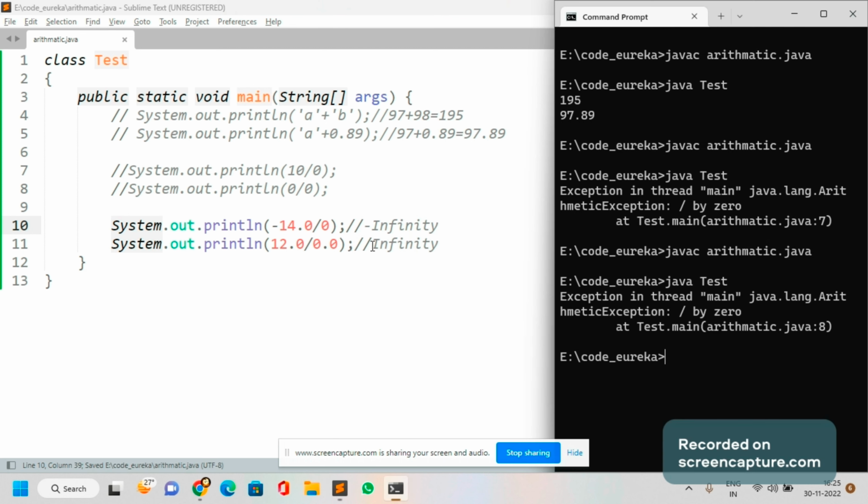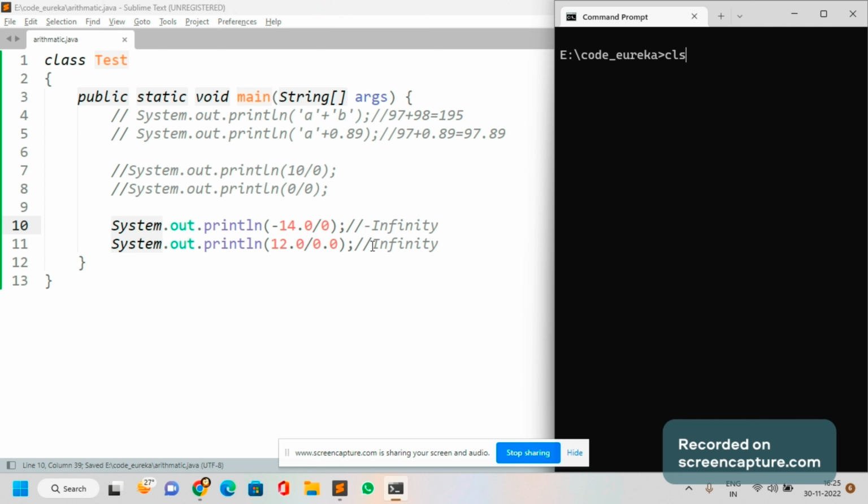Take it in the command prompt, compile, then run. Output is minus infinity and infinity.